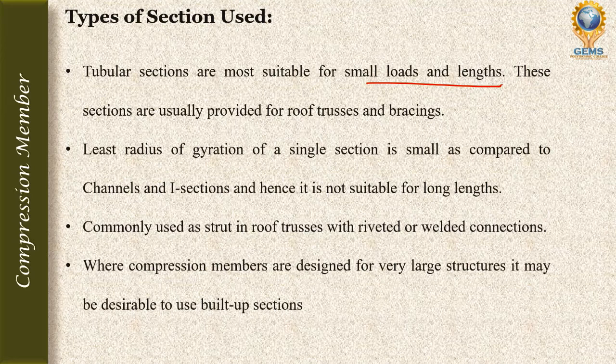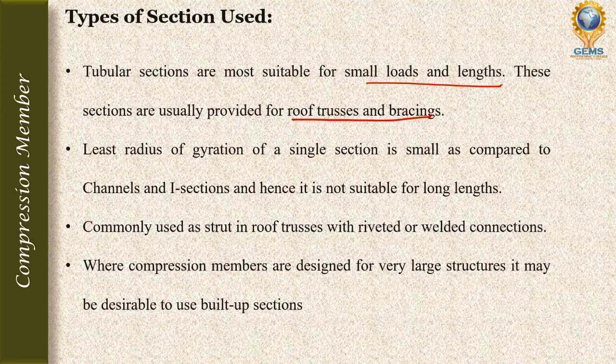These sections are usually provided for roof trusses and bracing. We were not using tubular sections for the past few decades because of the difficulty in connection in riveted or bolted connections. But due to the advancement of welding technologies, nowadays we are using these tubular sections also as a compression member.